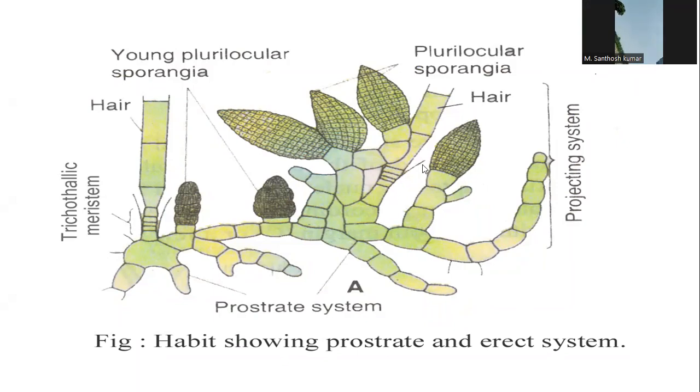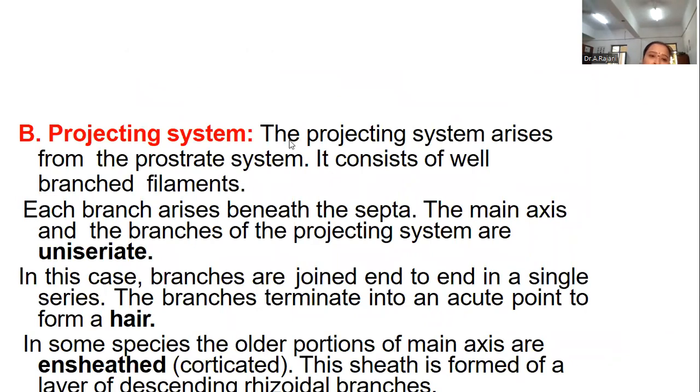Observe where the projecting system is: in that part you can observe the reproductive organs. Plurilocular sporangia, unilocular sporangia, or both are present in the erect system.